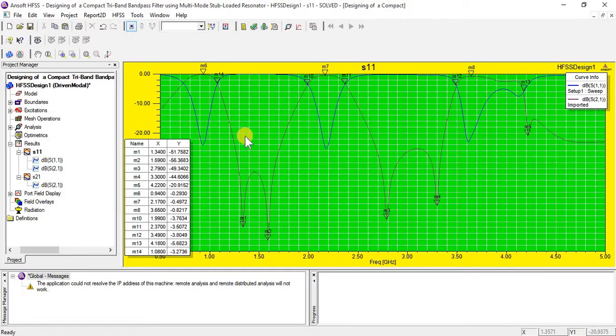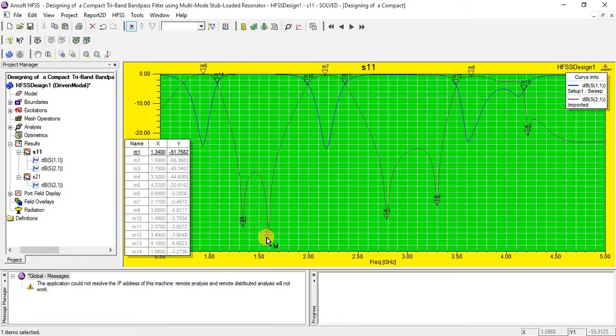Since you know that transmission zeros are always created at the start and at the end of the band. This is the first transmission zero, created at the end of the first passband.